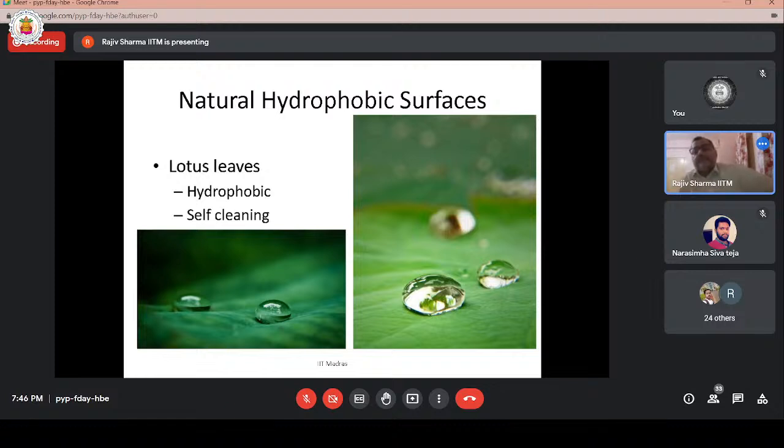Other idea which people have been fascinated with is that when you see a drop falling on a lotus, or when a raindrop falls on leaves of a rose flower, you will feel that the leaf or the surface doesn't get wet.